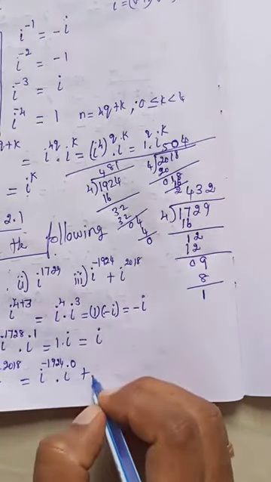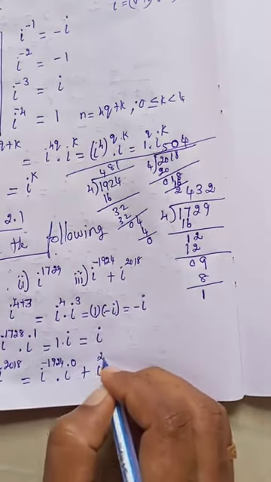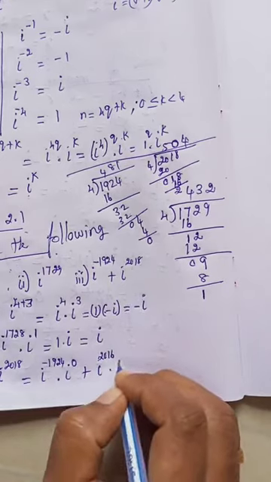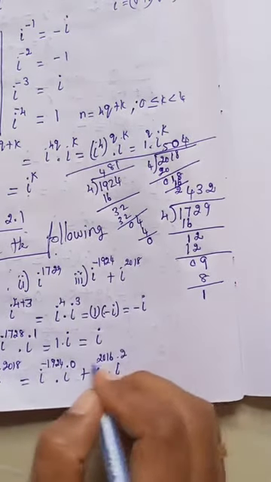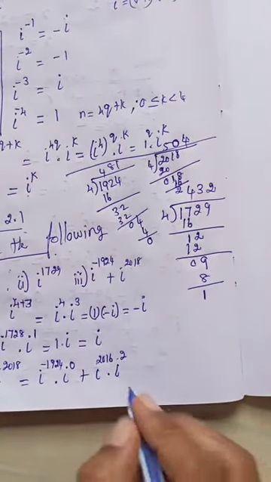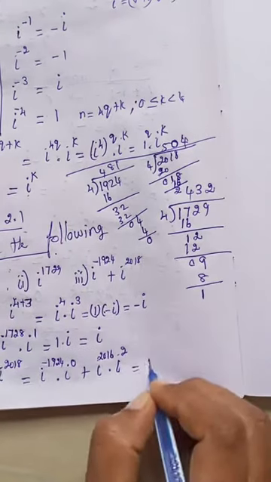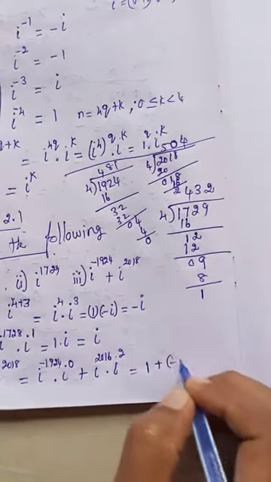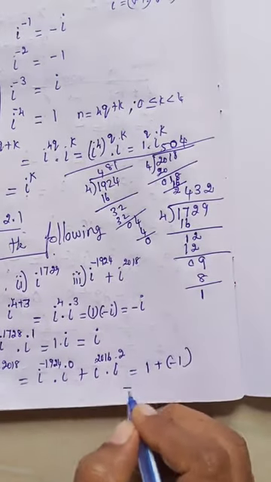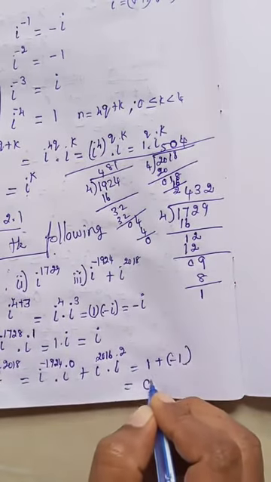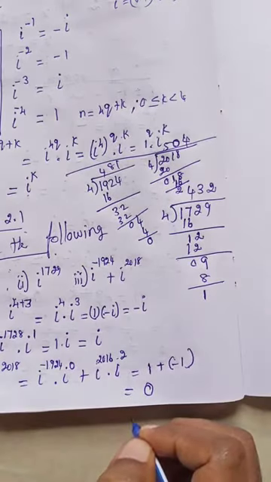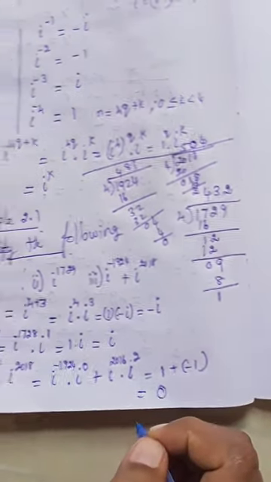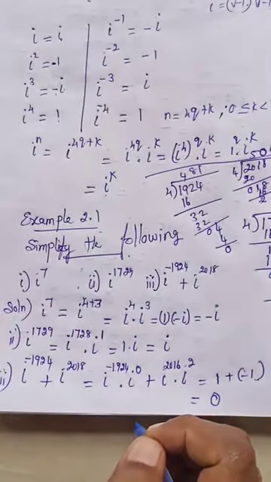So here I write i^2016 into i^2. So here we know that i^0 the value is 1. Here i squared the value is minus 1. So 1 minus 1 is equal to 0. Would you understood? Even if we are getting bigger numbers, we know how to find out the answer.